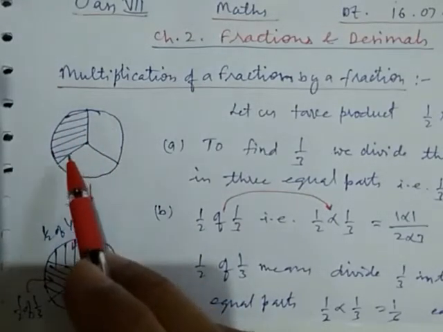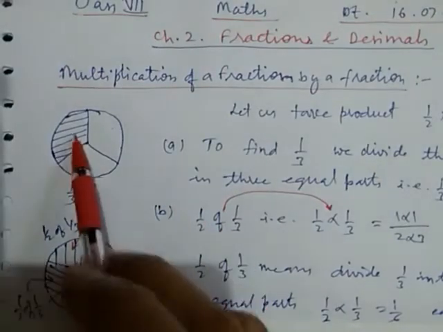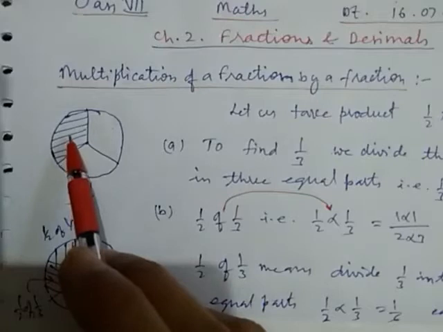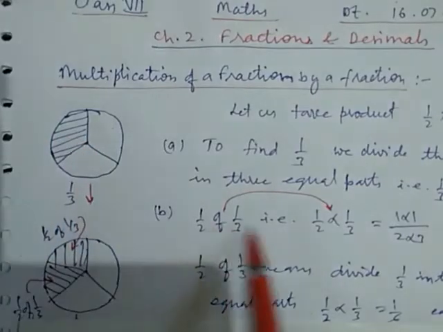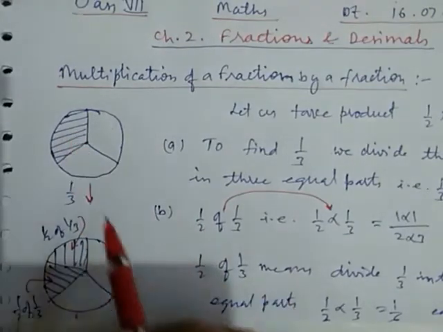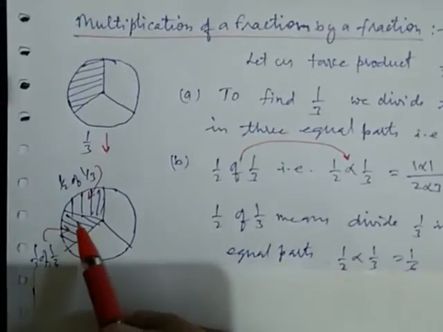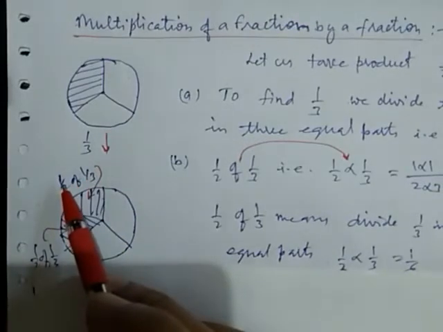Now we make half of 1/3. This is 1/3, and we make half of this by how? We divide it into 2 equal parts. Half of 1/3 means 2 parts of a part.